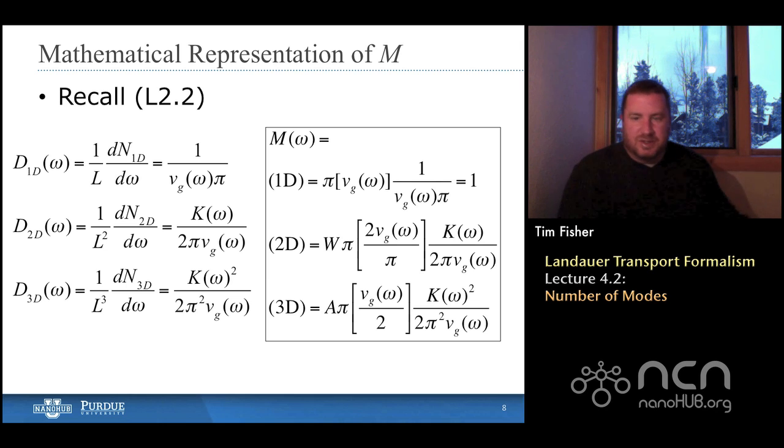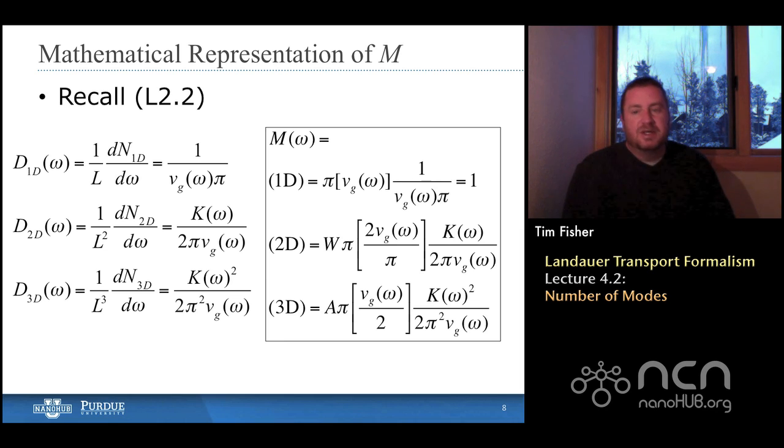So if we just go through and do these substitutions, substitute the density of states in the various dimensions into our expression for the number of modes M, we find that in one dimension, there's one mode. Well, that should be somewhat reassuring because we would expect in a purely one-dimensional problem, only one could fit along the carrier or in the device, and so that meets our expectations quite well.